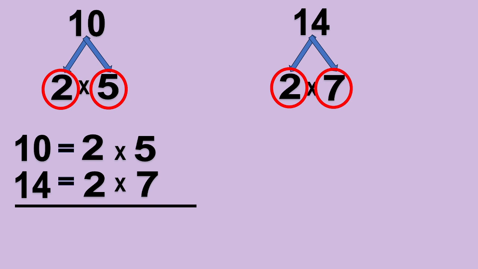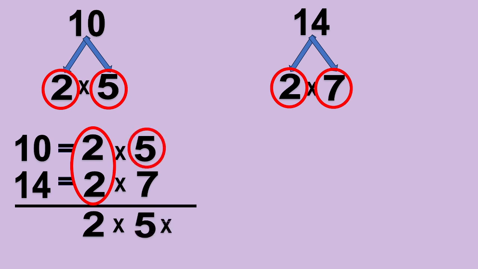Now, write the common prime factors of 10 and 14. We have 2. Now, copy the remaining uncommon prime factors of 10 and 14. We have 5 and 7.